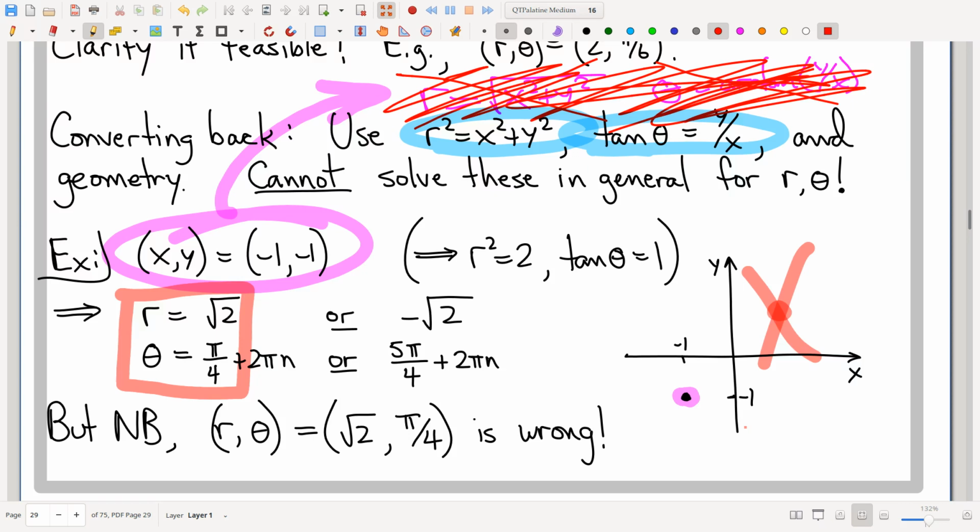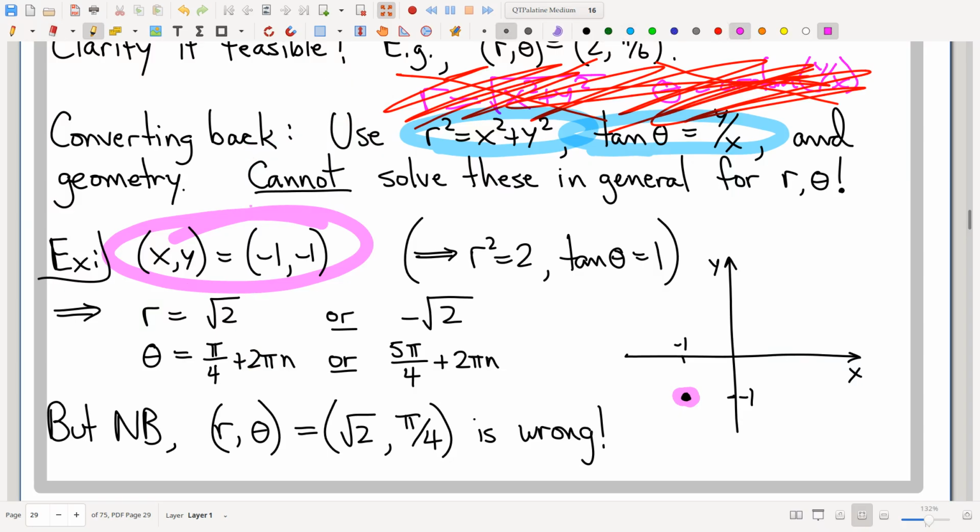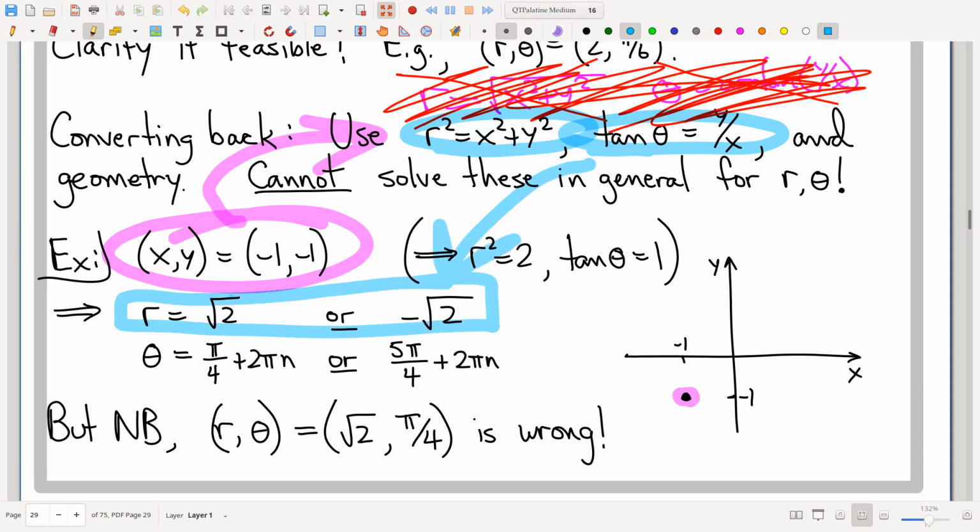So, a much better way to deal with this is again to just take these blue formulas. You take these values of x and y, plug into these blue formulas. These blue formulas give you a couple of possibilities. It means r could be either of these. When you take a square root of both sides, you got to say plus or minus, because that's just how that works.